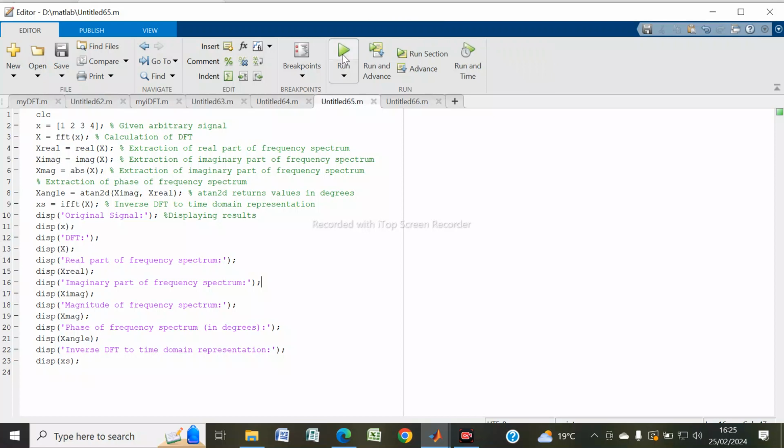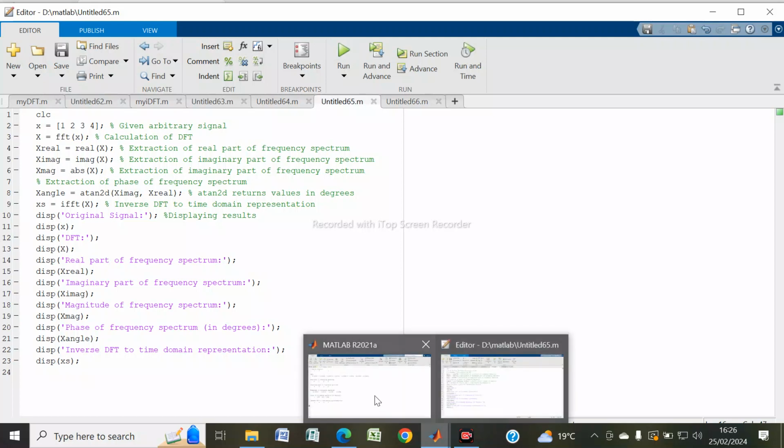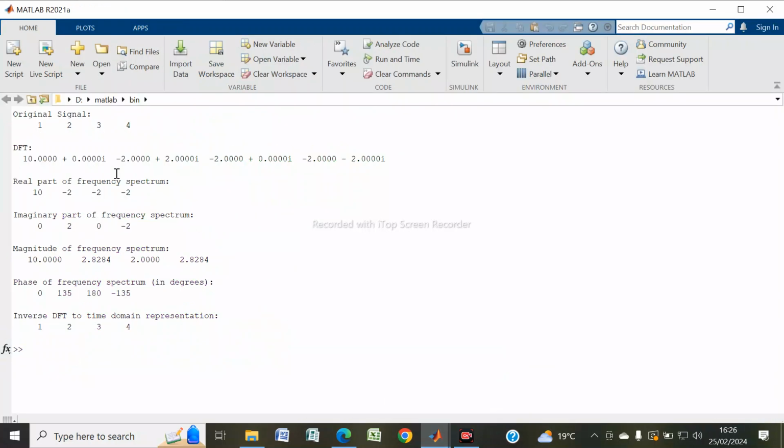So when we run it, you can see that the original signal is that, DFT is that, real part of frequency spectrum is that, imaginary part of frequency spectrum is that, magnitude is that, phase is that, and inverse DFT is this 1, 2, 3, 4.